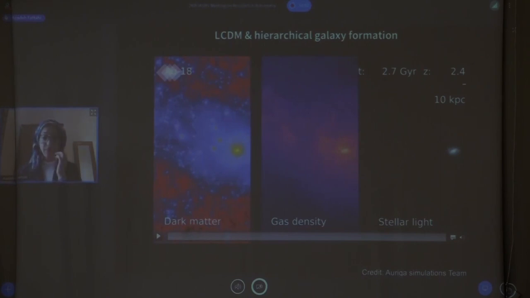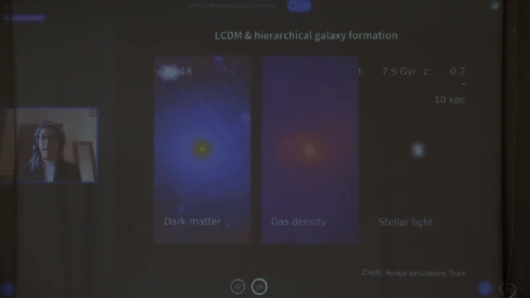This is from the Auriga simulations. What I particularly would like you to note is the many smaller dark matter halos which are accreted to the main galaxy, and they contribute to the build-up. And equivalently, on the right-hand side, we see their stellar components.